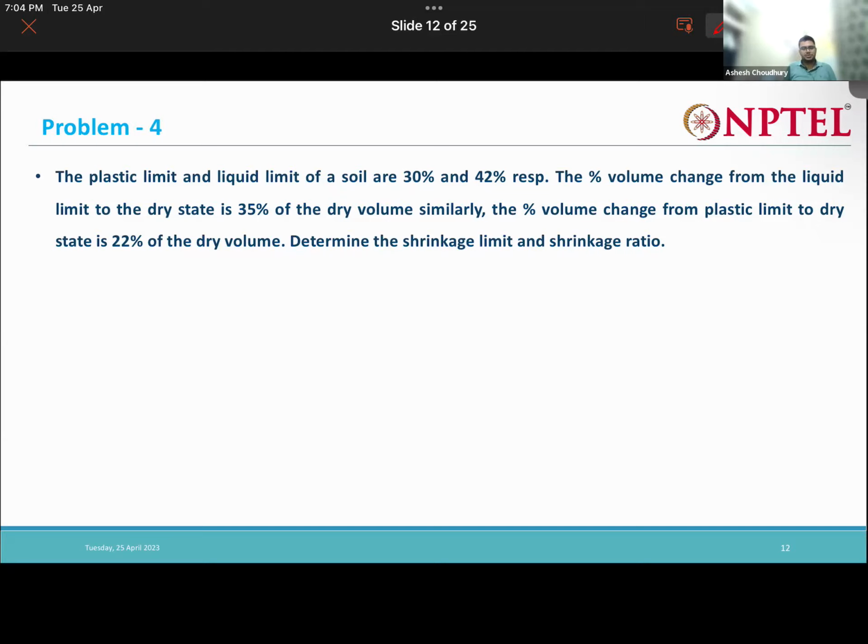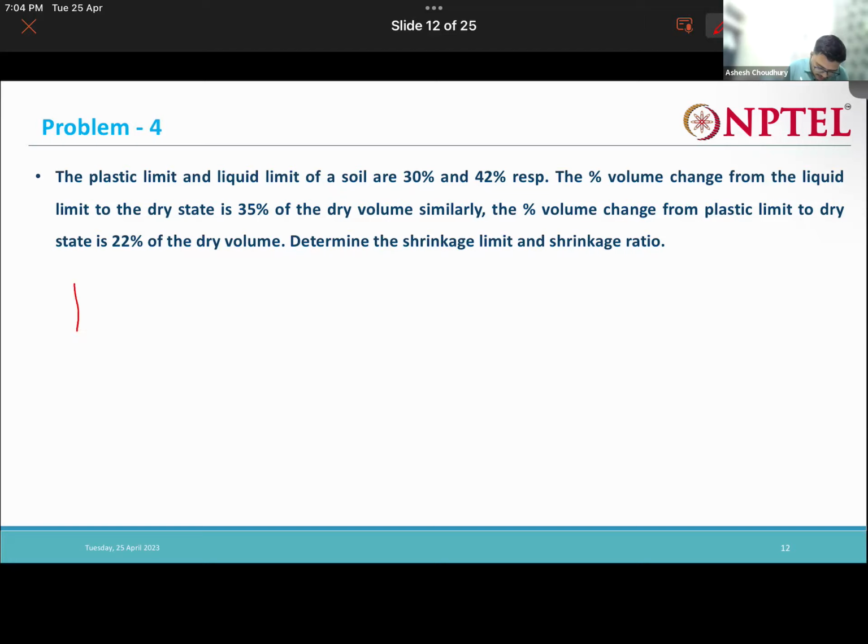The volume change from the liquid limit to the dry state is 35% of the dry volume. Similarly, the volume change from plastic limit to dry state is 22% of the dry volume. We need to determine the shrinkage limit and the shrinkage ratio.